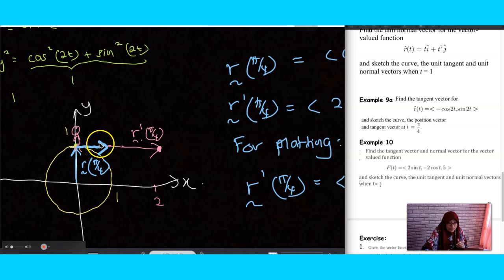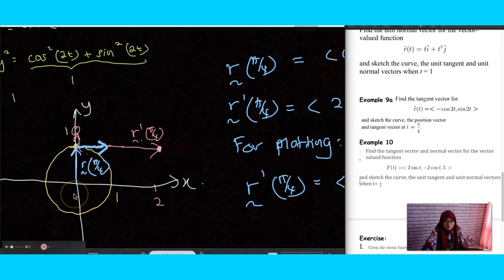The direction provided by the unit tangent or tangent vector tells you your direction when you are moving. Imagine this is your curve, a closed curve, and you are moving around along this circle. From the unit tangent or tangent vector, we know the direction without putting in all the values.